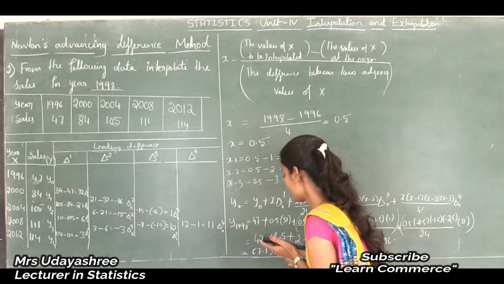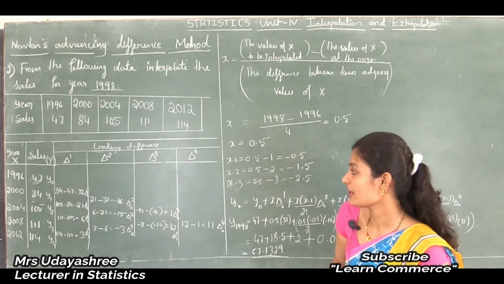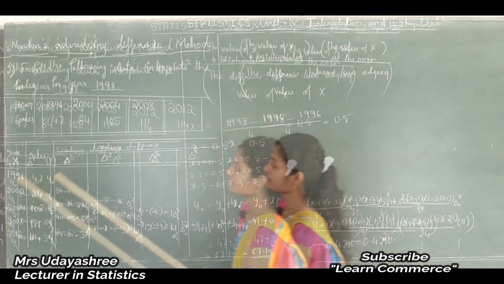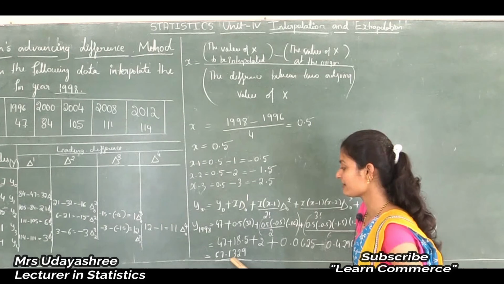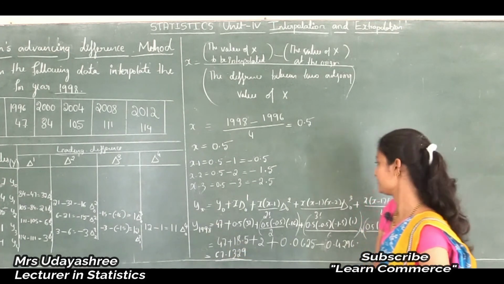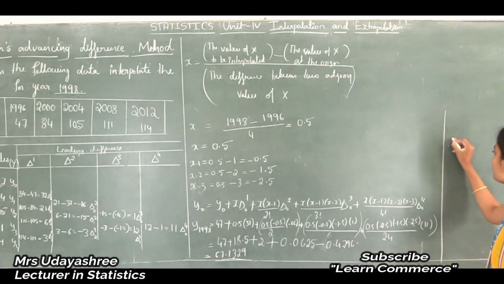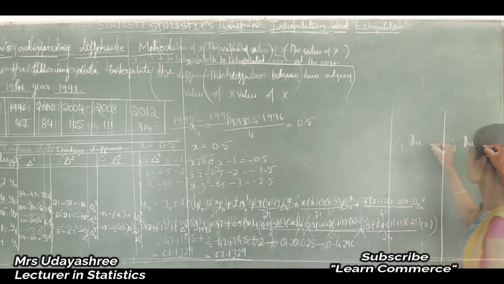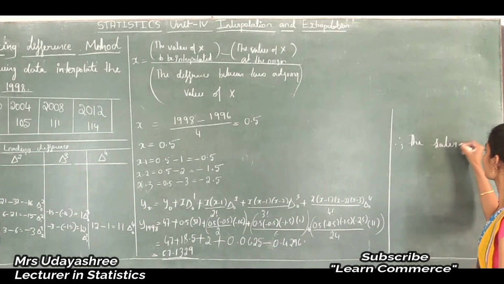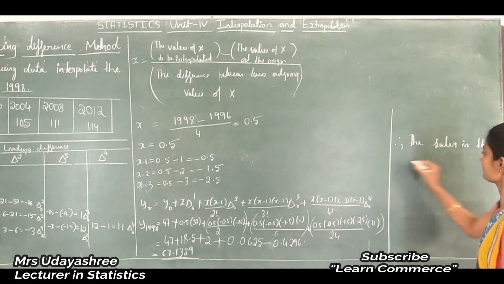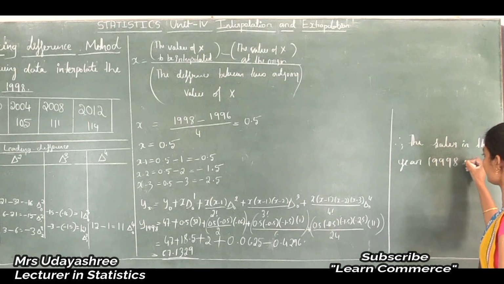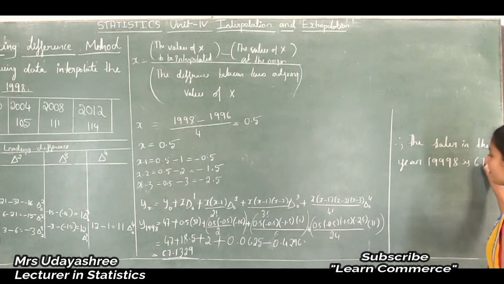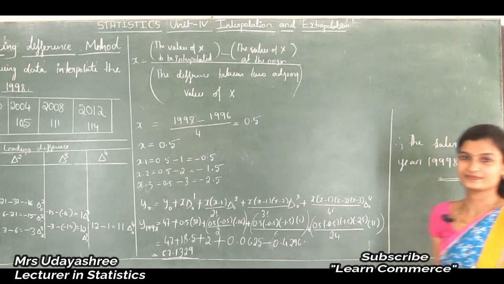So we got the sales in the year 1998 as 67.1329. Therefore, the sales in the year 1998 is 67.1329. This is the conclusion.